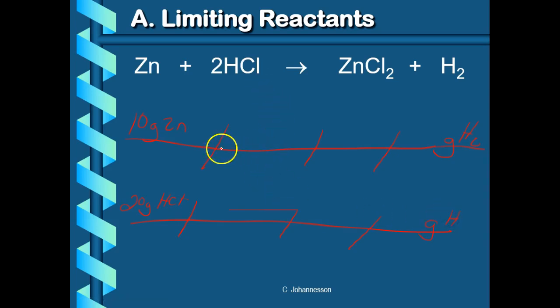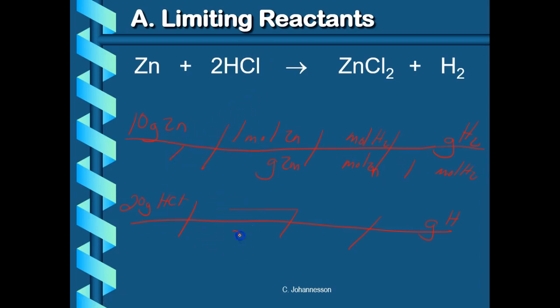In this one, still top to bottom: grams of zinc to 1 mole of zinc, moles of zinc, and then moles of hydrogen, but you know that's 1. Your 1 goes here.